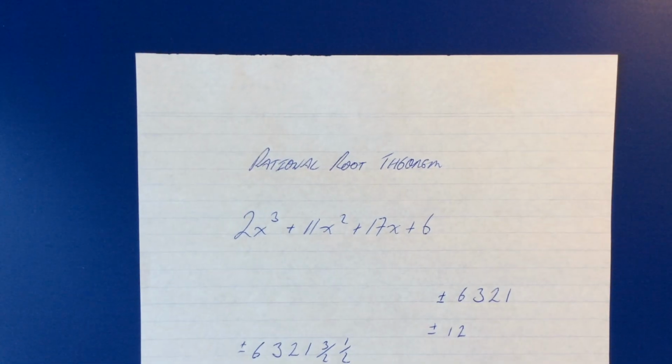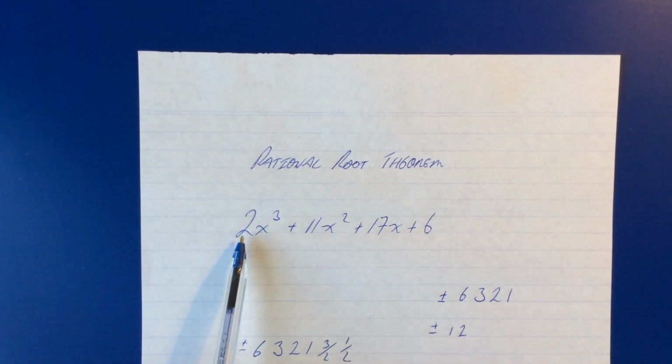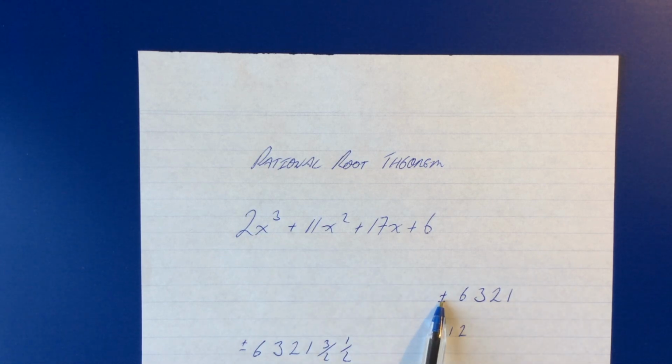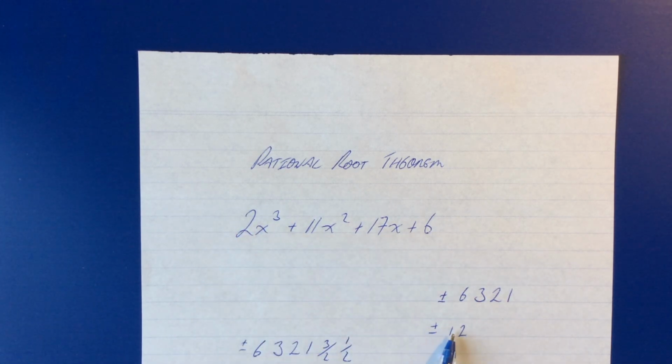Well, we take the factors of this number and the factors of this number. So we work all those out: the factors of 6, plus or minus any of these numbers, 6, 3, 2, 1. And the factors of 2, 2 is a prime number, so pretty simple, 1 and 2, either positive or negative.